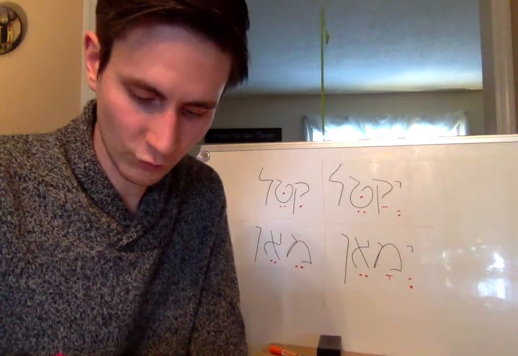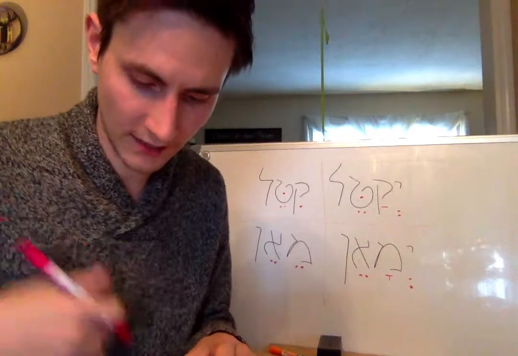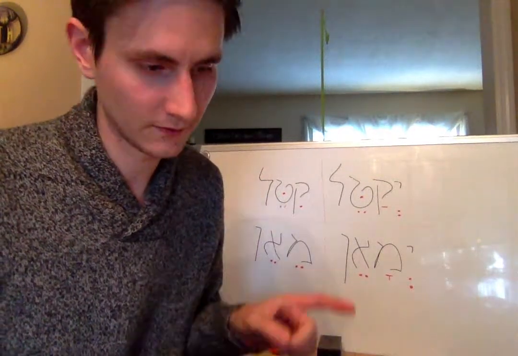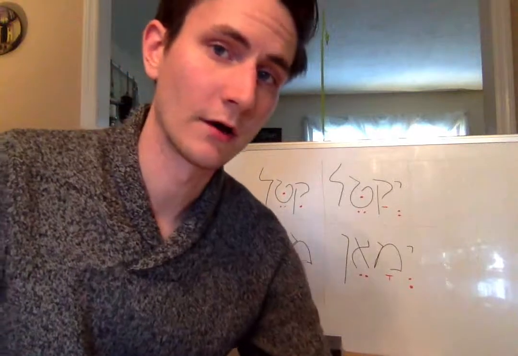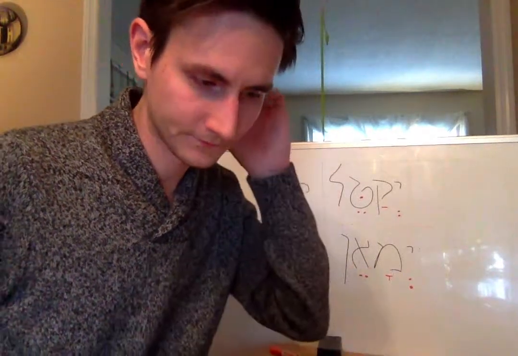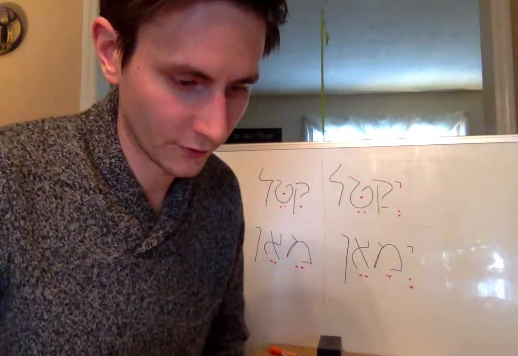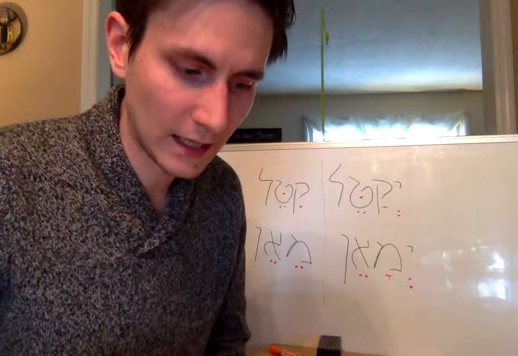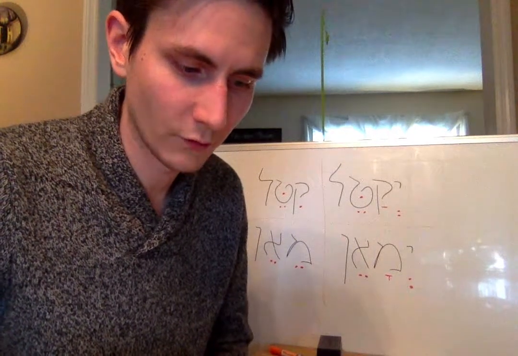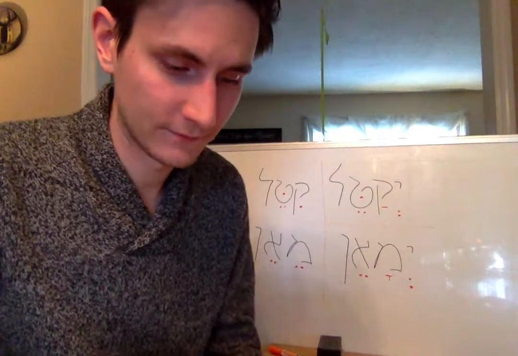Next one is davar, that's the root, but in the Piel it would be diber. And we see our regular Piel clues right away: hirek and doubling, and that means to speak. It's related to amar, to say, but this one is diber, to speak. So go ahead and flip over. We'll finish the verbs on the right side. Halal, in the Piel, or it's hilel, and that is to praise.